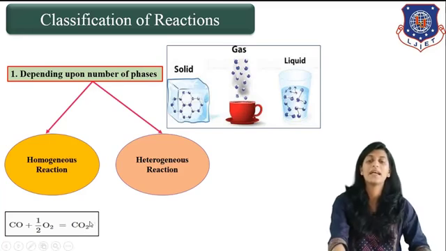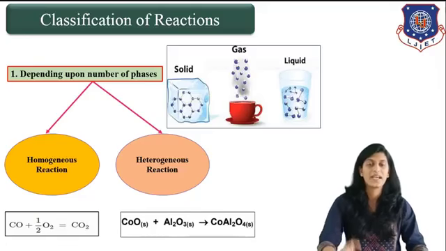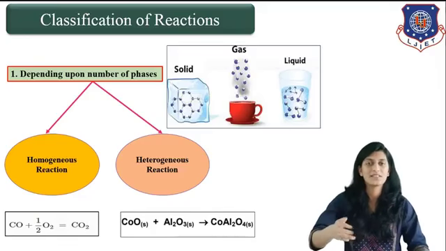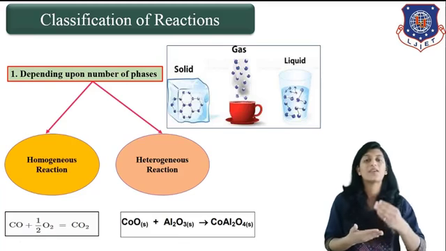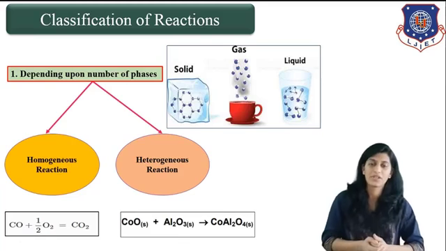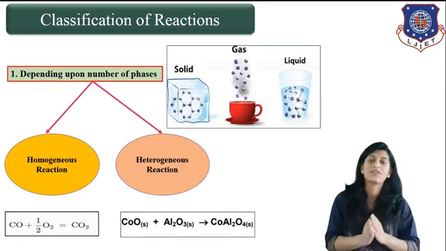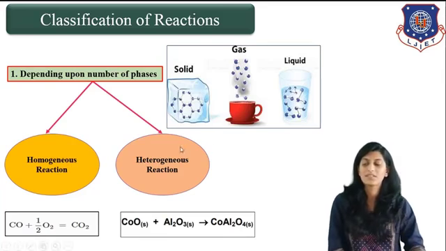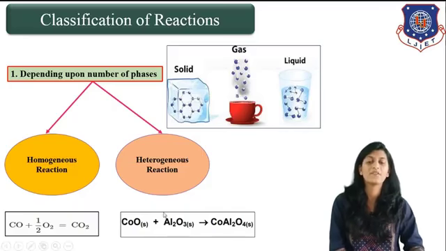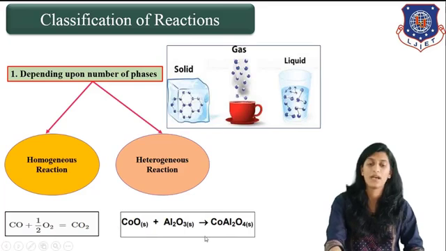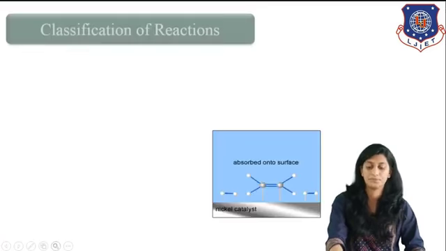Then there comes the heterogeneous reaction. As the word itself suggests, hetero means different. When more than one phase is involved in a reaction, it is termed a heterogeneous reaction. This is an example of a heterogeneous reaction. Cobalt oxide, when combined with aluminium oxide, will give this kind of product. So this is a solid phase reaction.